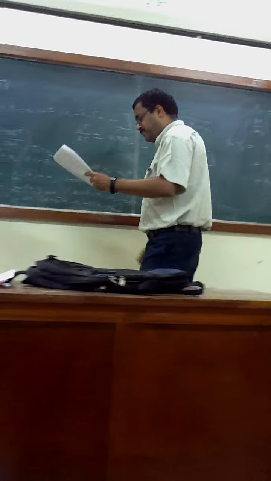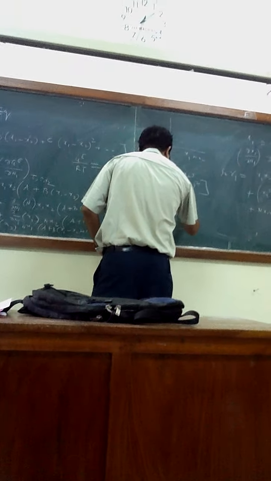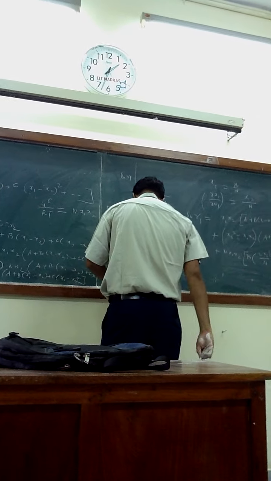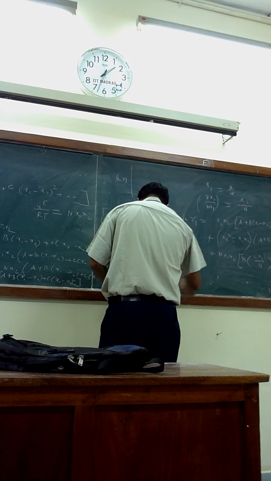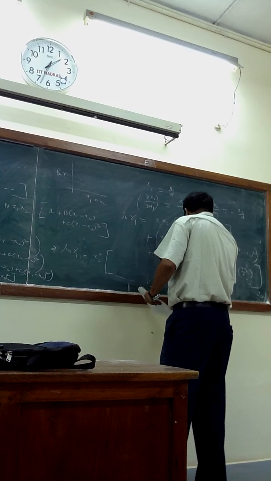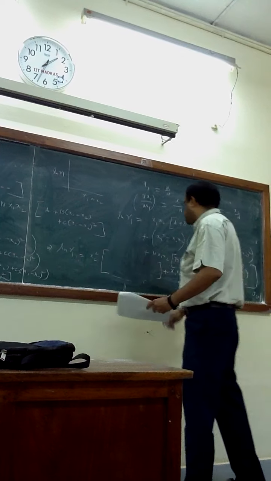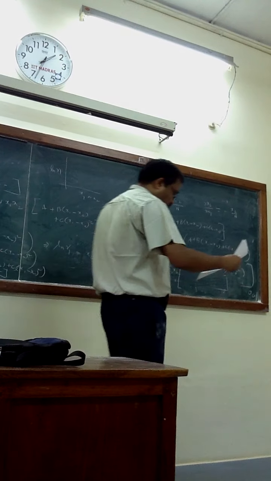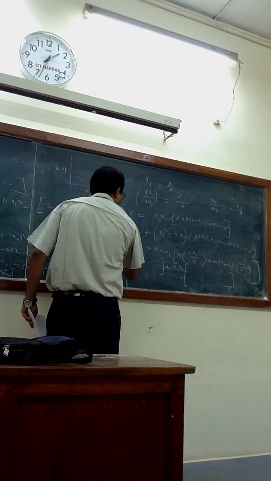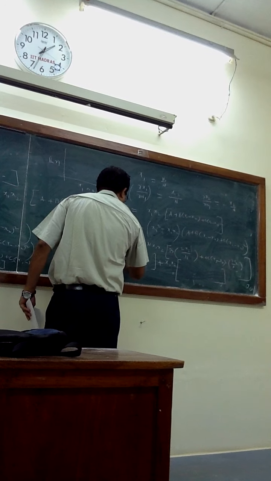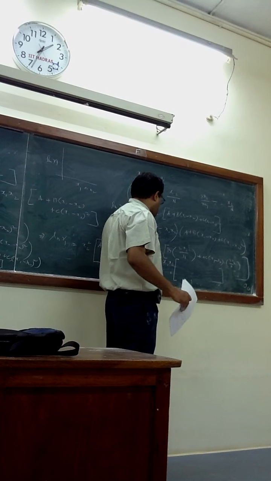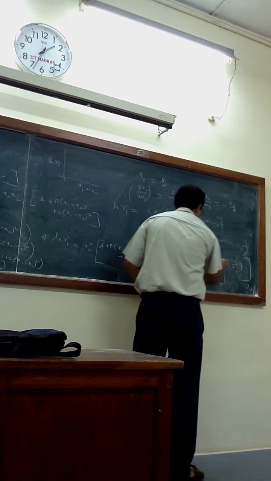Okay, ln gamma 1. Next simplification, ln gamma 1 equals x2 square plus x1 x2, fill in the blanks. x2 square, this term is coming directly from here, a plus b into (x1 minus x2) plus c into (x1 minus x2) whole square. x1 x2 is coming from here, here and here, and n getting cancelled, so no problem.